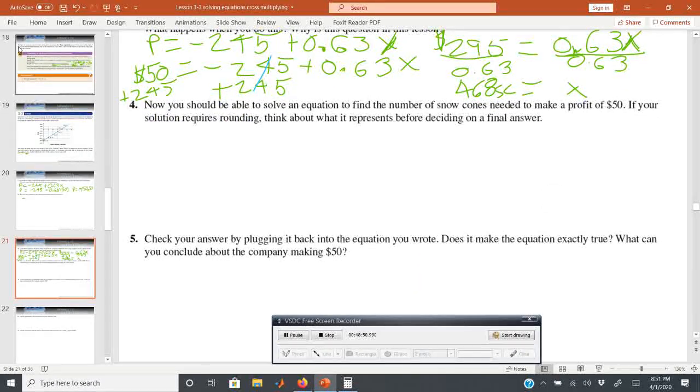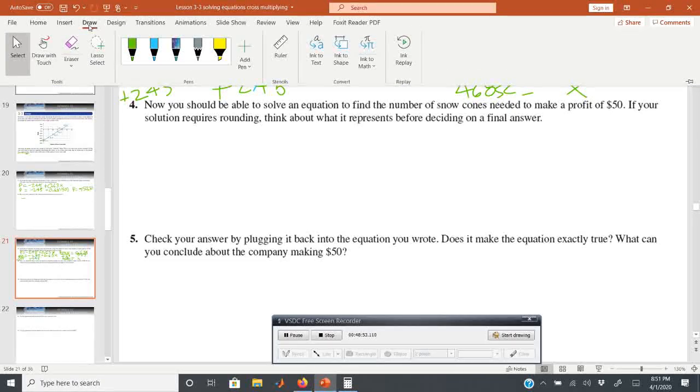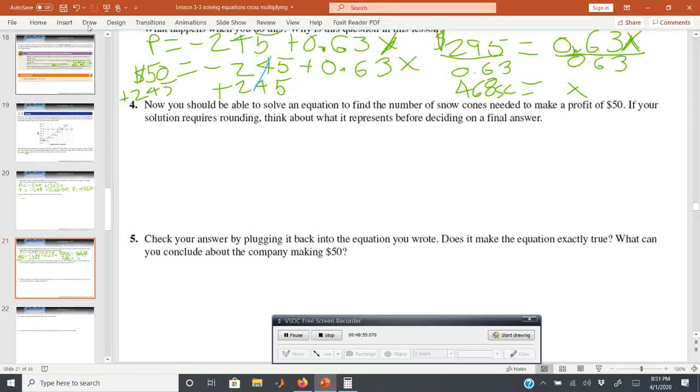So on question 5, check your answer by plugging it back into the equation you wrote. So our answer now, we've come up with a value for x. We're saying that x equals 468 snow cones.